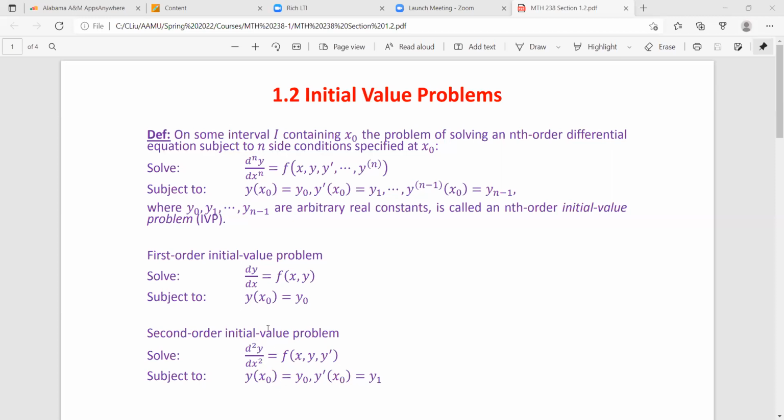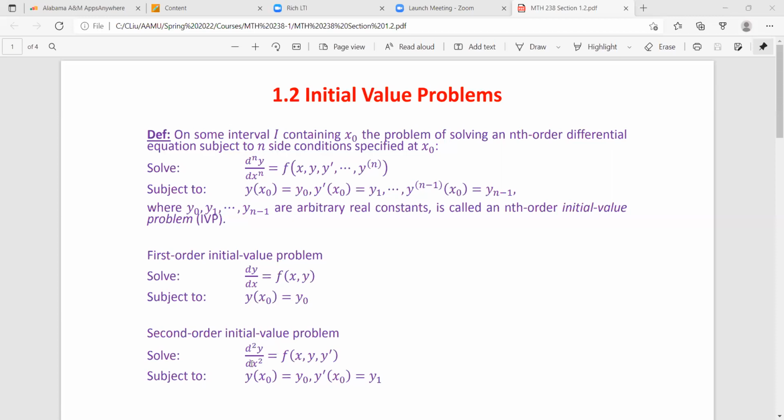As I said before, if you have a first order differential equation, then you just need to integrate once, in principle, to find the function y. And when you integrate once, you bring up one arbitrary constant that needs to be determined by the initial condition. So we only need one initial condition for first order initial value problems.